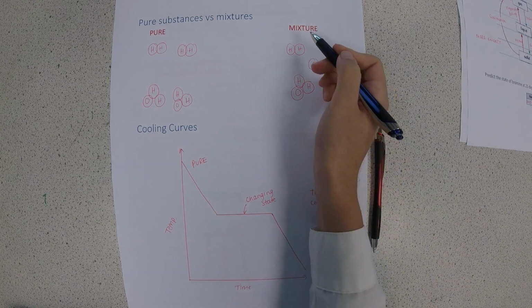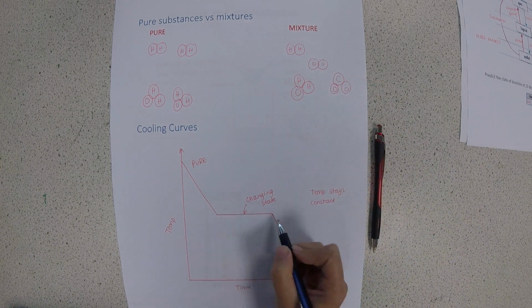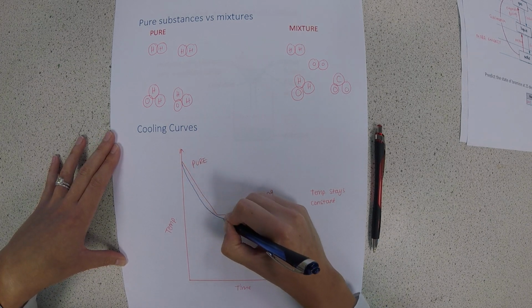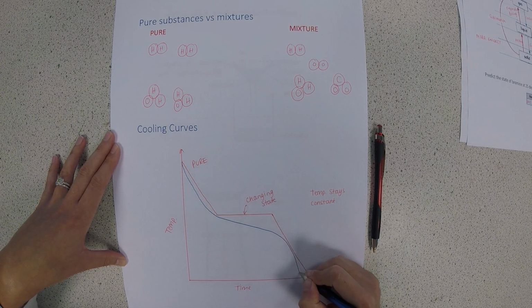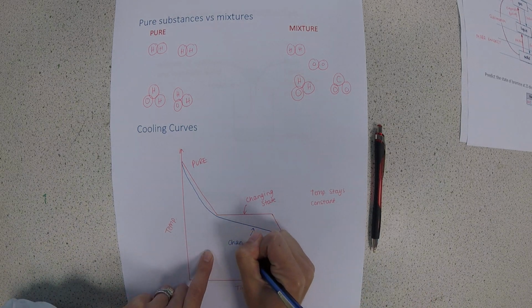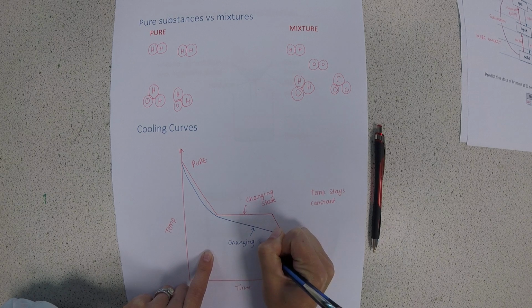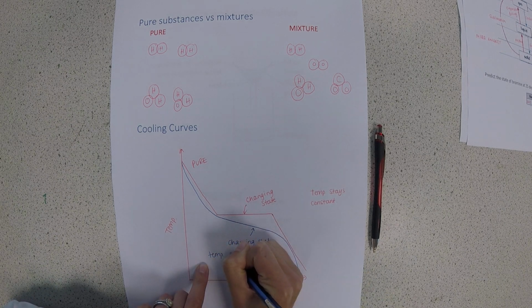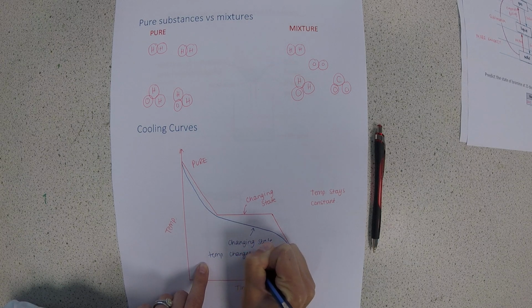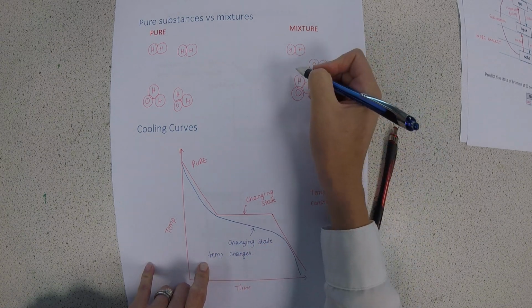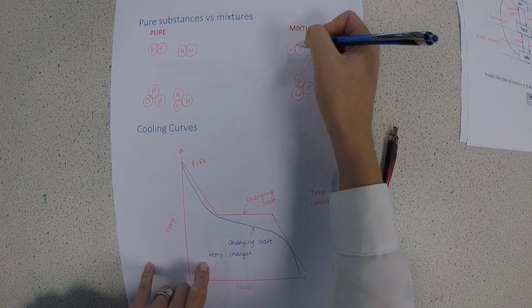However, if you had a mixture, you wouldn't get this flat line. It might start at the same temperature, but it's going to make a sloping line on the graph when it changes state. The temperature's changing, and this is because all of these different particles in your mixture have a different melting point.